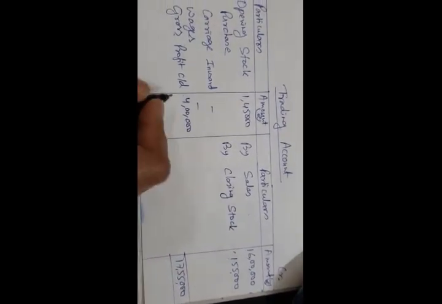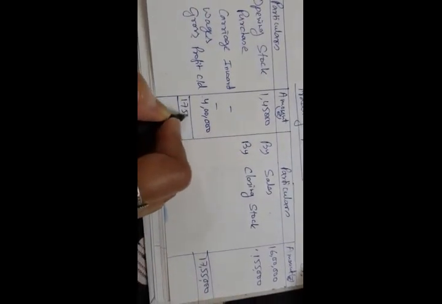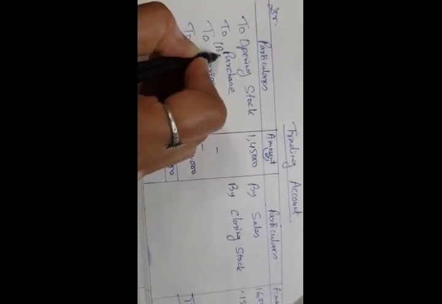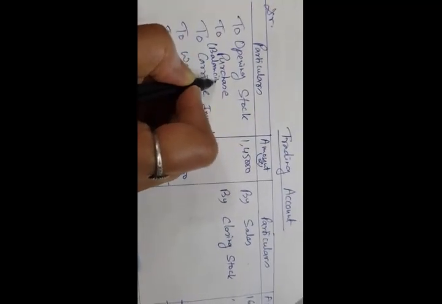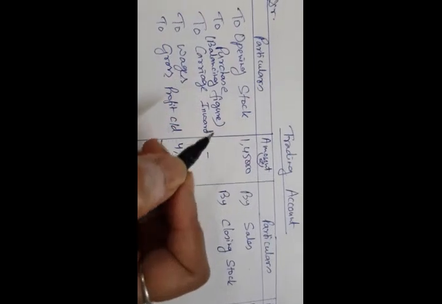The same total we will put here, 17,55,000. Here purchase will come as the balancing figure. Balancing figure means the difference.